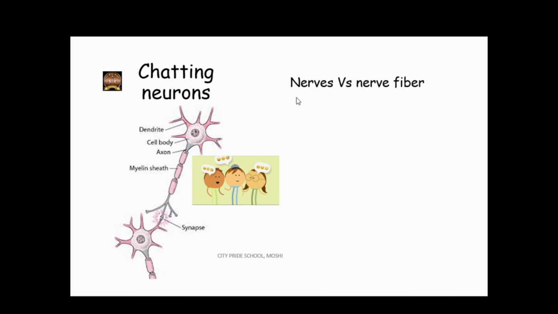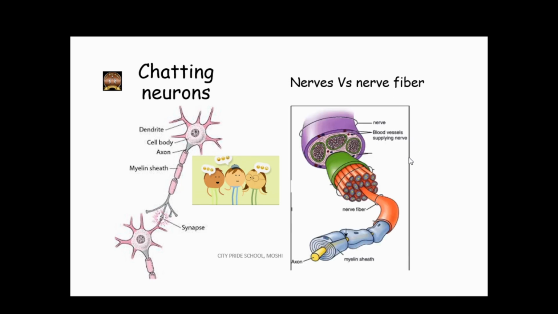Now let's learn about what nerves and nerve fibers are by looking closely at this diagram. Each individual orange pipe is an axon of a neuron. So it is called a nerve fiber. It is quite long. So many such axons are bundled together to form the smaller green bundle, which is further bundled together to form a large pipe-like structure, that is the purple bundle.